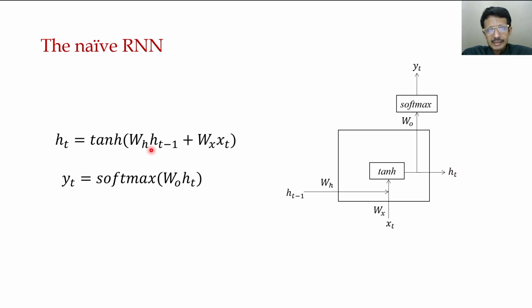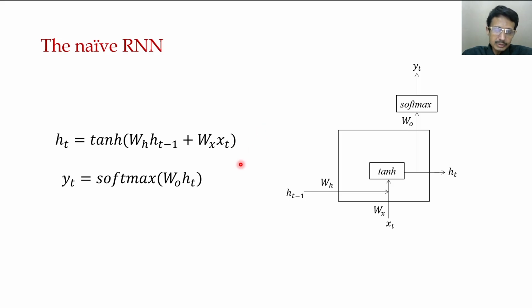The h_t uses weight parameters, W_h for the previous state input, and W_x for the input at time instant t. So W_x times x_t plus W_h times h_(t-1), and we put a tanh nonlinearity over this, and we get h_t. Now if we multiply this h_t with W_y and put a softmax over it, we get y_t. So this is a very simple RNN structure.